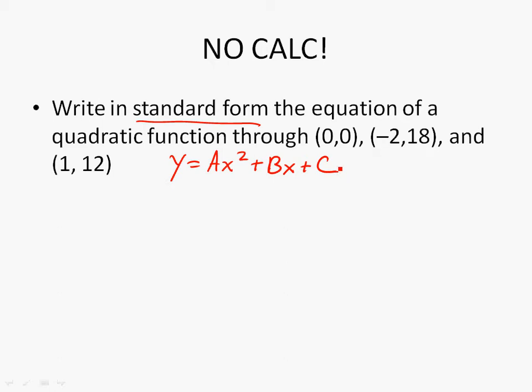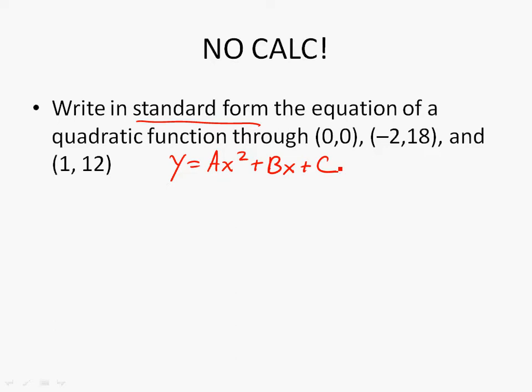We're going to need the values of a, b, and c, and in order to do that, we're going to have to use three equations because it takes three equations in order to find the values of three variables.